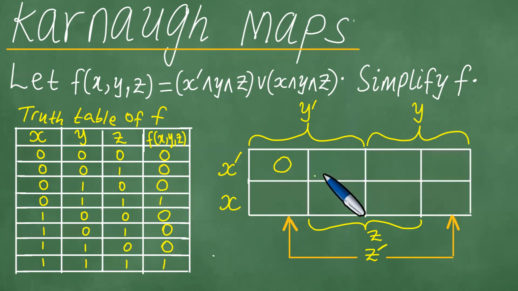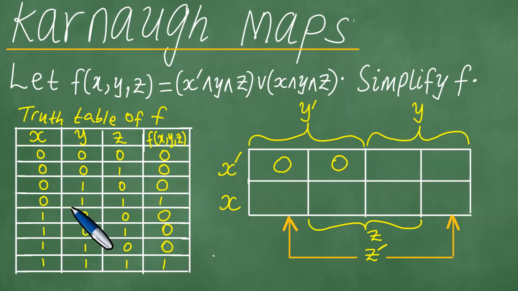Next, this block corresponds to not X, not Y, and Z, so it's 0, 0, 1, and the result is a 0.